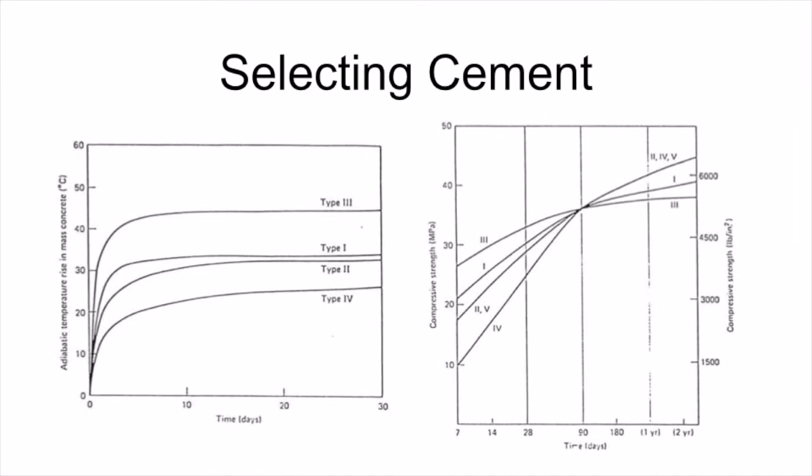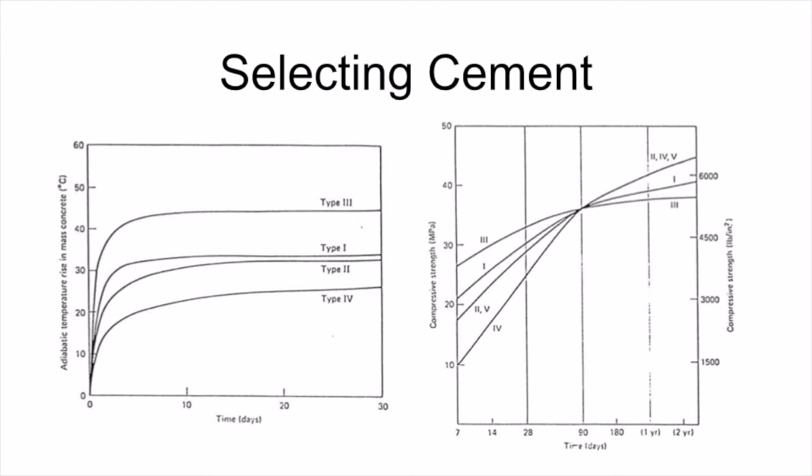So these two graphs provide the basic justification in selecting the cement for engineering application. So for instance, for massive concrete structure, hydration heat is an important consideration because excessive temperature increase will cause expansion and cracking. Therefore, type 4 cement should be the first candidate and type 3 should not be used.